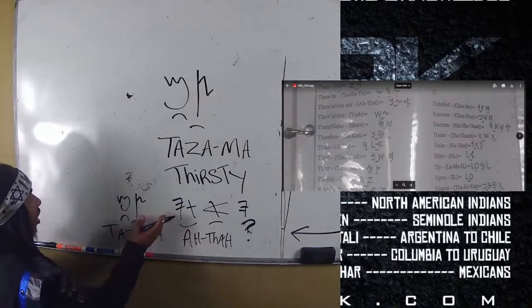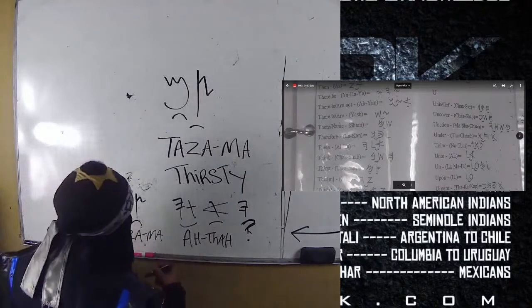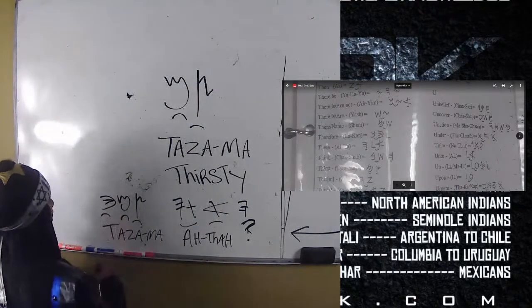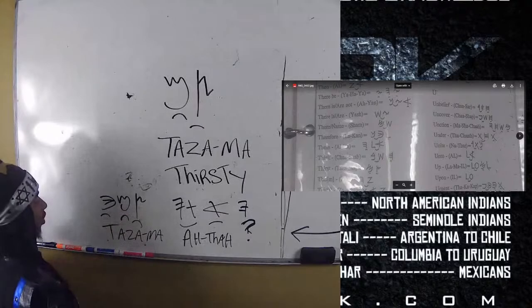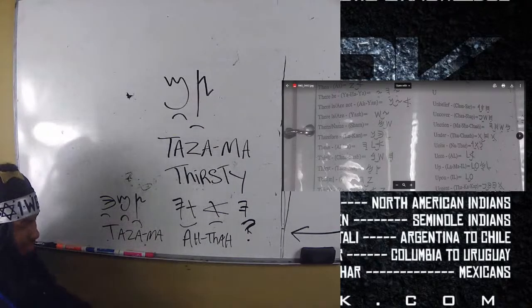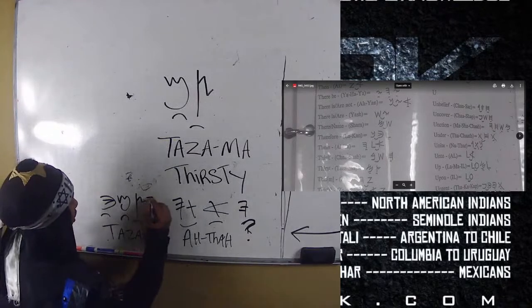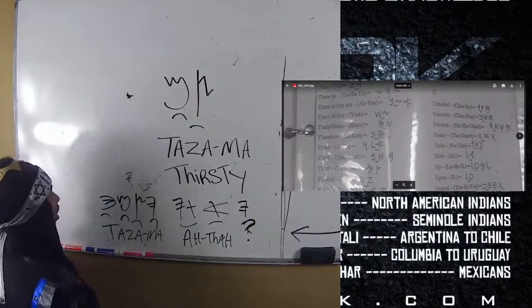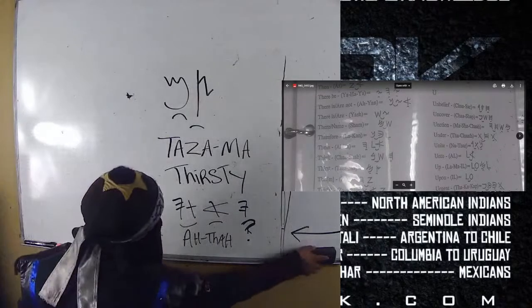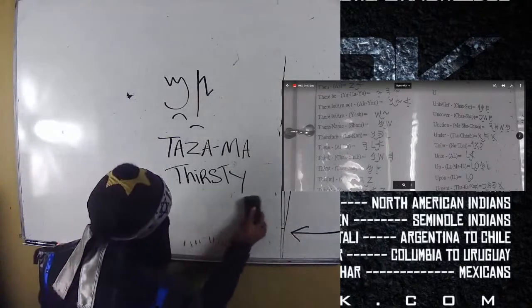So you can say ha tazama, or you can say ha tazamaka. You thirsty? See how that flows, ha tazamaka? Instead of me asking 4 words, I can just say ha tazamaka, and I'm saying, are you thirsty?